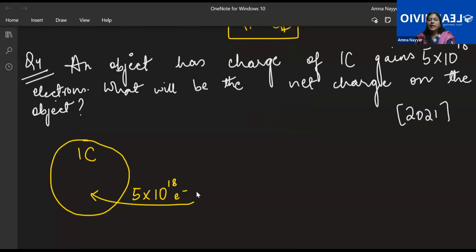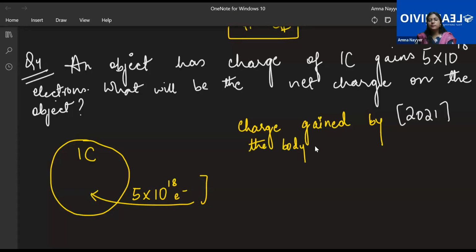Let me calculate how much charge has actually entered. Charge gained by the body. So Q is equal to N into e.